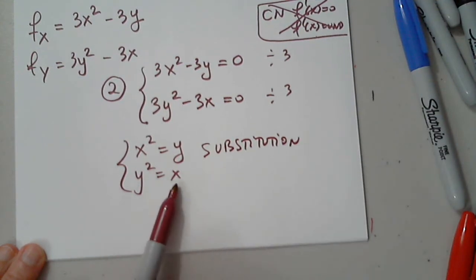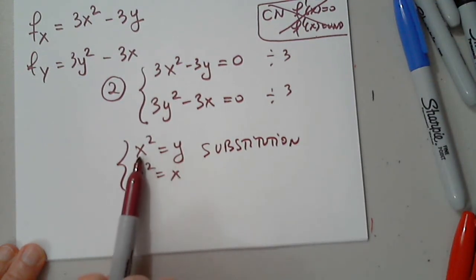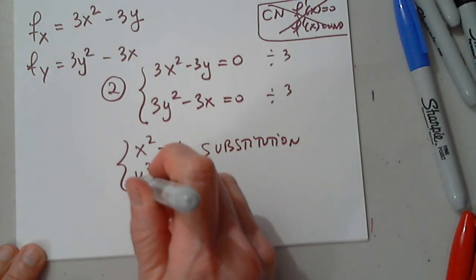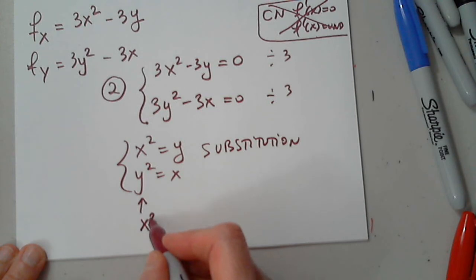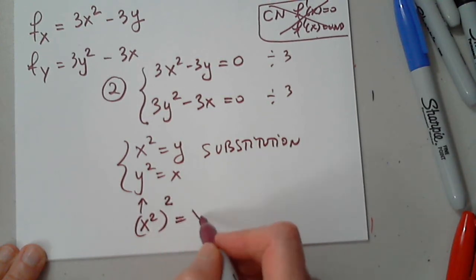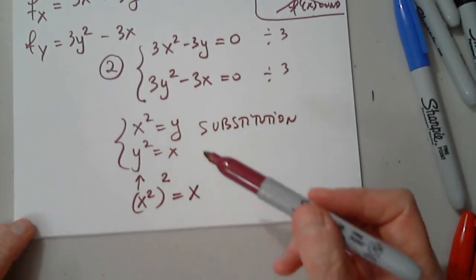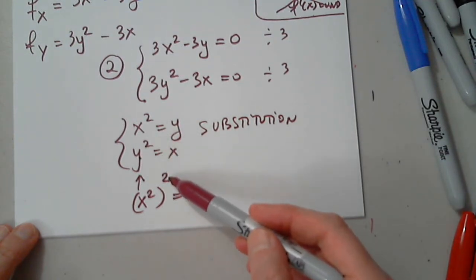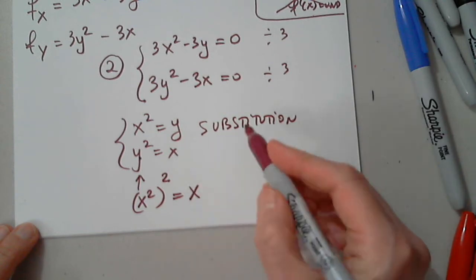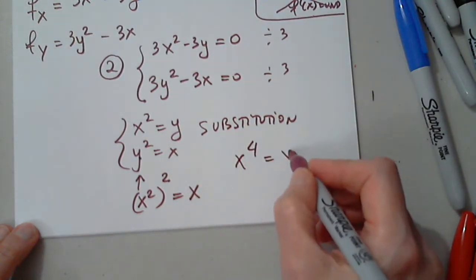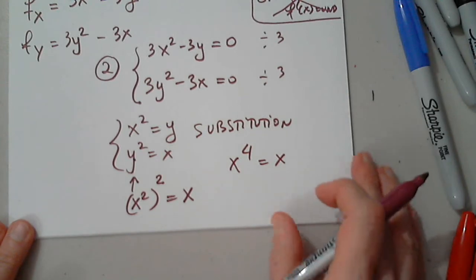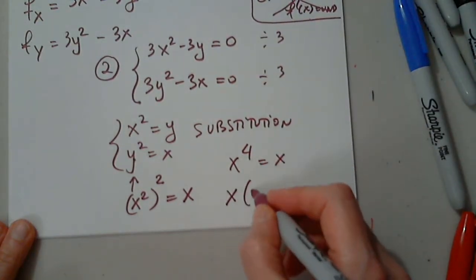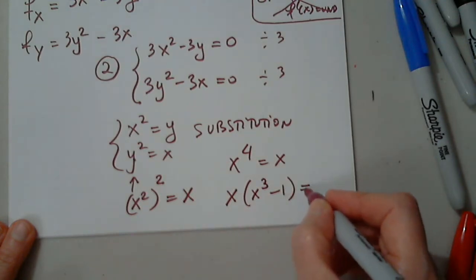So let's say I replace y by x squared. Y is the same as x squared, so I plug it in here. So this becomes x squared squared equals x, which is basically x to the fourth equals x. Okay, so I move everything to one side and factor out x, and I have x times x cubed minus 1 equals 0.